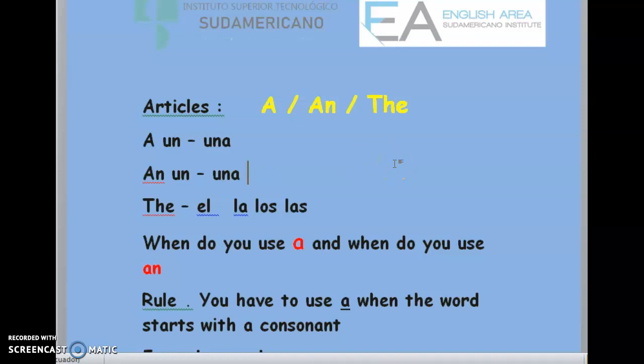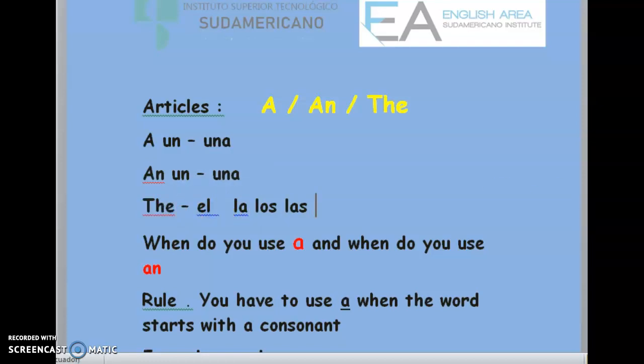Perfecto, yo he escrito una regla más abajito, ¿ok? So maybe we are going to try to understand the article the. ¿Qué significa el, pero no el de persona, sino el cuando señalamos alguna cosa, por ejemplo, el carro, los y las? Eso quiere decir que the podemos trabajar para singular and plural.